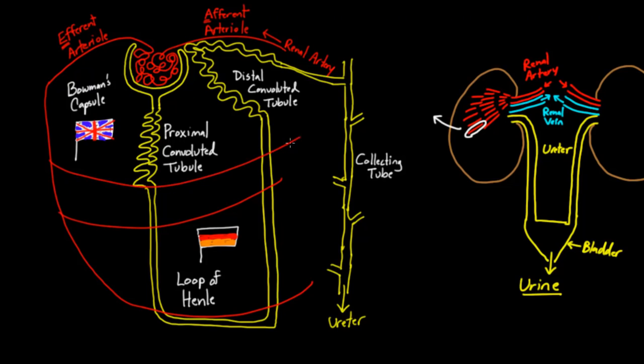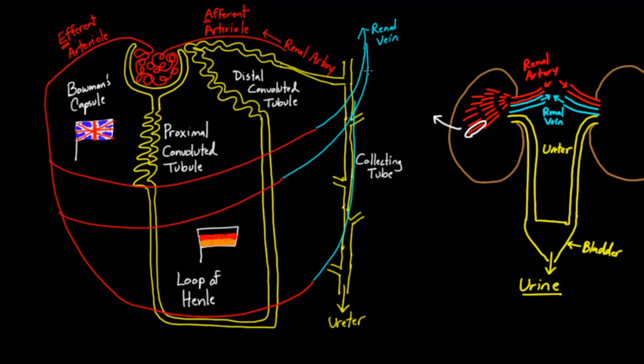All these parts of the tubule get oxygenated blood. So all the parts of the proximal convoluted tubule, the loop of Henle, the distal convoluted tubule, and the collecting duct all get wonderful blood. And then finally, when all is said and done, it all drains into one thing, one final renal vein. And that's with all of the blood coming together.